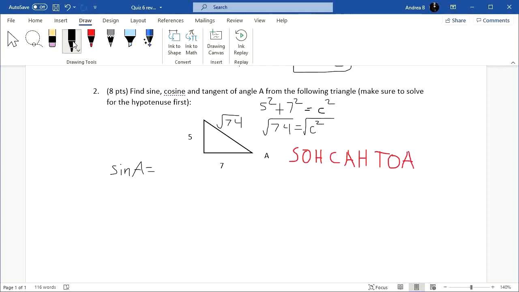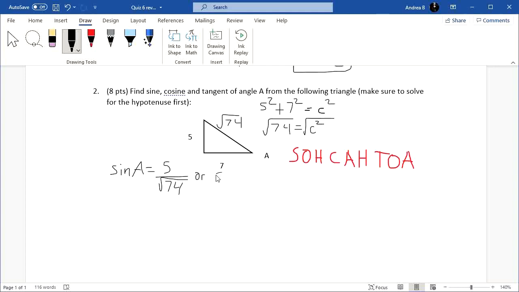So for our sine of A here, we'd have our opposite side. Remember, that's the side opposite of that angle, which is 5, over the hypotenuse, which is what we just solved for. That's the square root of 74. In this case, this would be an exact form, or if you want, you can rationalize that denominator like I had you do in some of those exercises in the book.